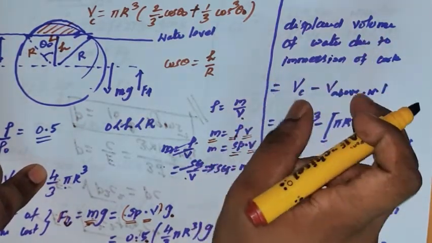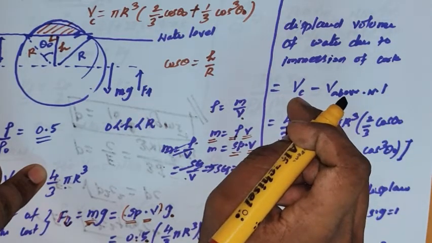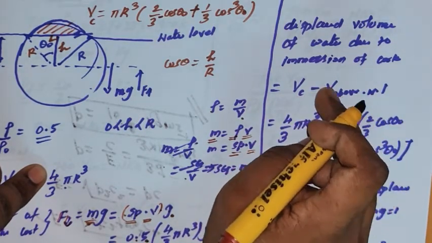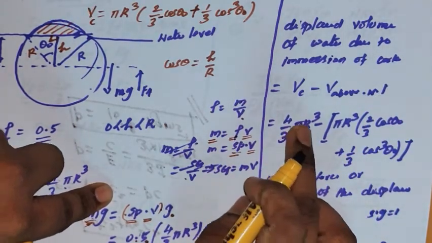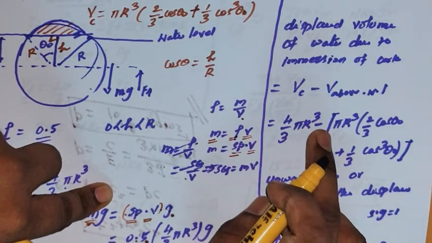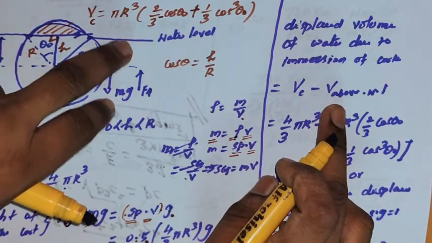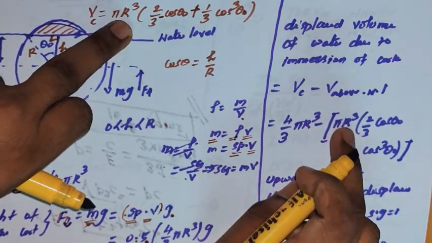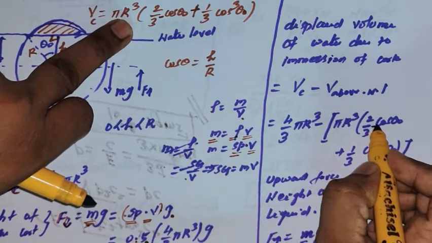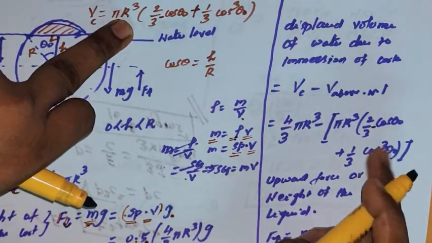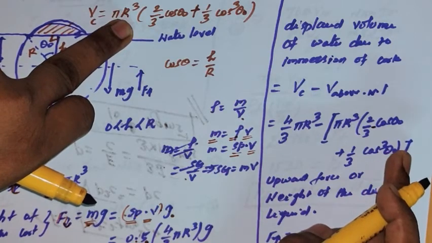So the displaced volume of the water should be equal to the total volume minus the volume above the water level of the cork. We know the total volume is 4/3 πR³, minus the volume above the water level, which is πR³(2/3 minus cos θ₀ plus 1/3 cos³ θ₀).